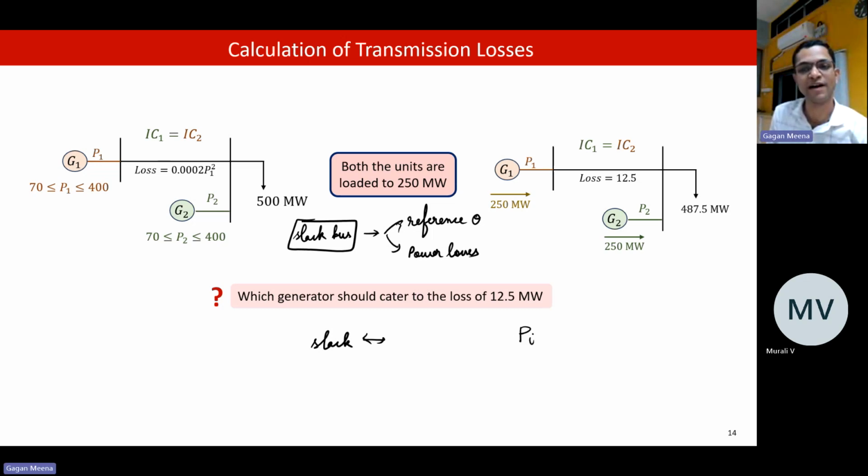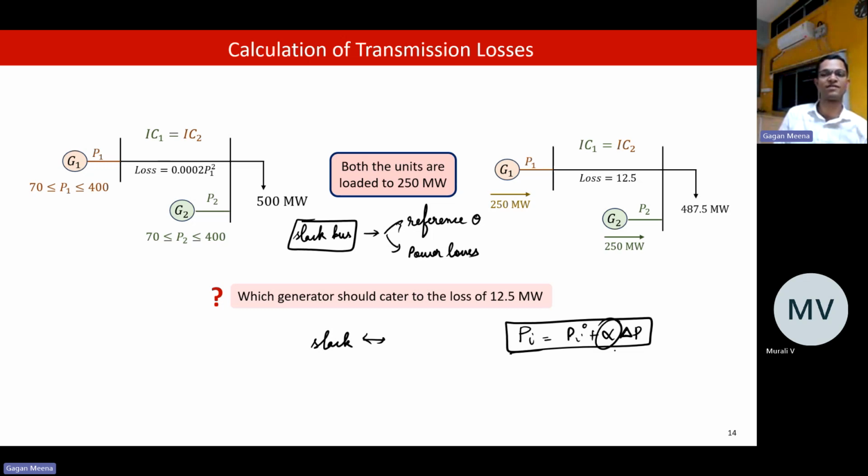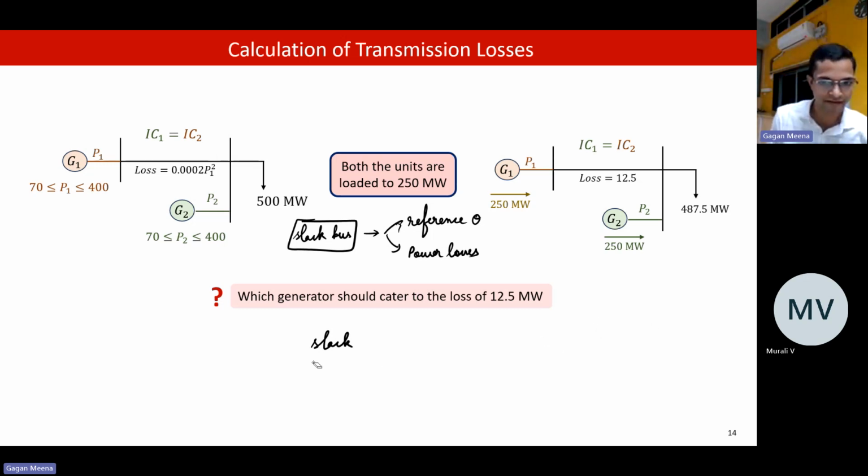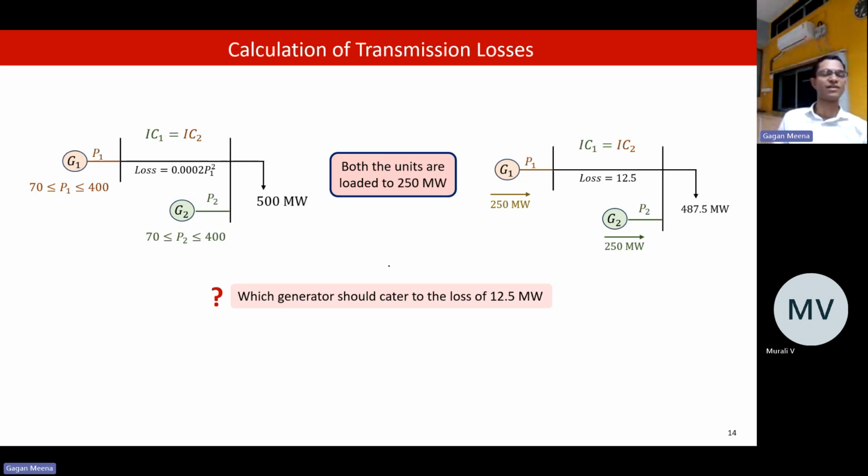P_i new is equal to P_i old plus alpha times the change in power. The change is distributed among all the generators. So that is the concept of distributed slack. So the reference bus is different, and slack can be the reference or cannot. That is an important idea.